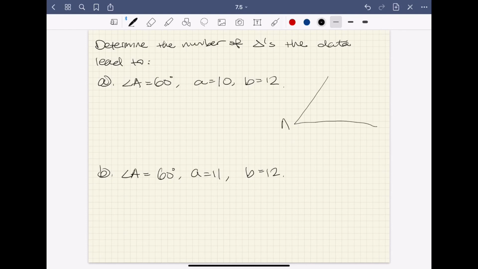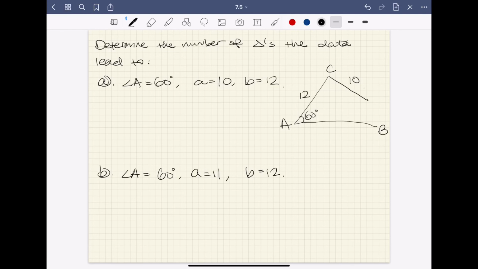So this is A, 60 degrees. This is B, this is C. So B is equal to 12 and A is equal to 10. Now, I'm not sure if this will form a triangle, so I'm not going to connect the line yet. We need to know what B and H are in order to find out how many triangles there are.